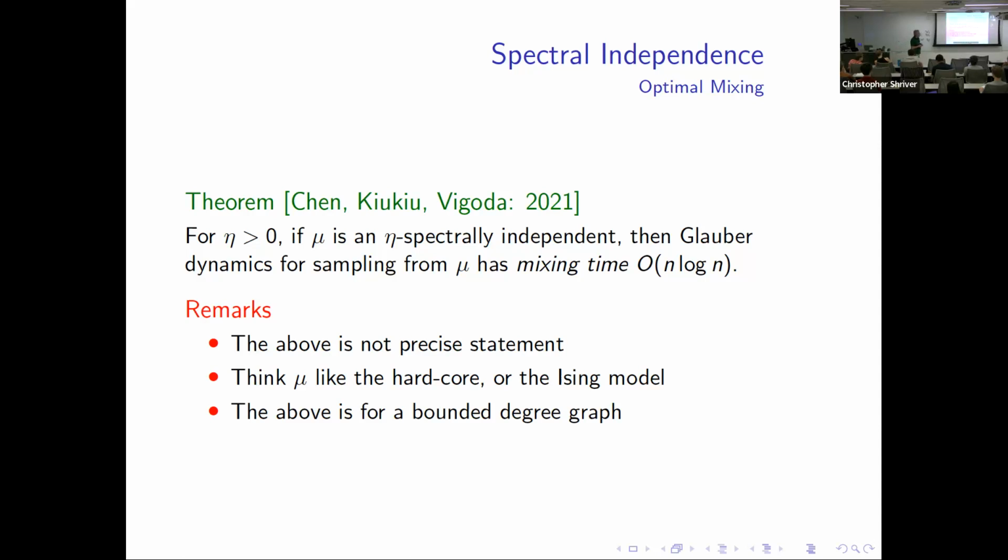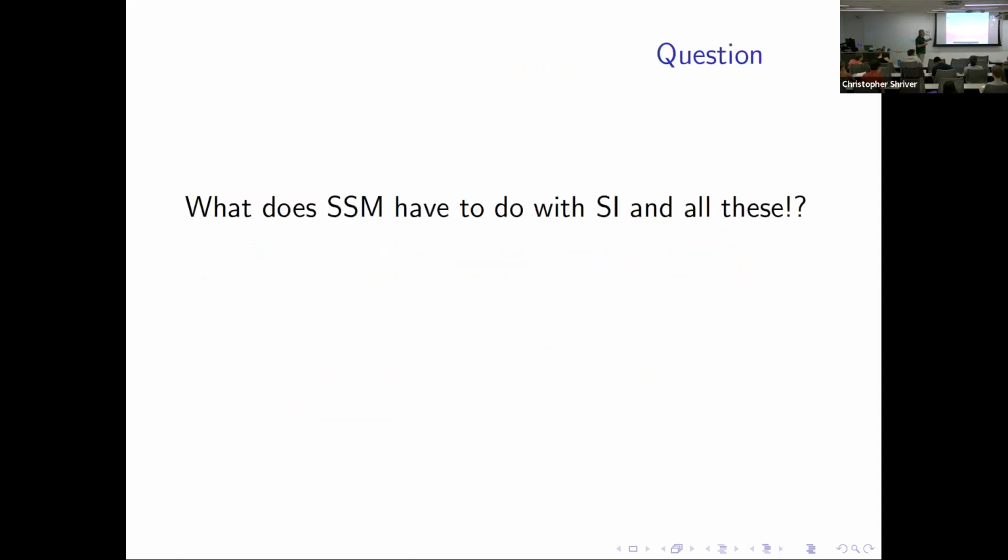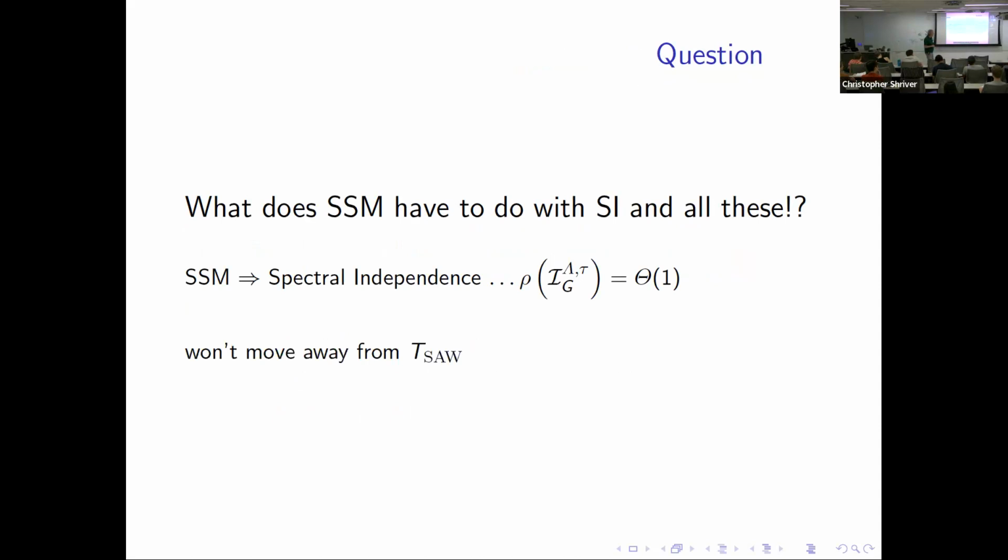Now the idea is what SSM has to do with all this stuff about spectral independence. We're going to briefly show you how SSM implies spectral independence, meaning that the spectral radius of the influence matrix is constant.